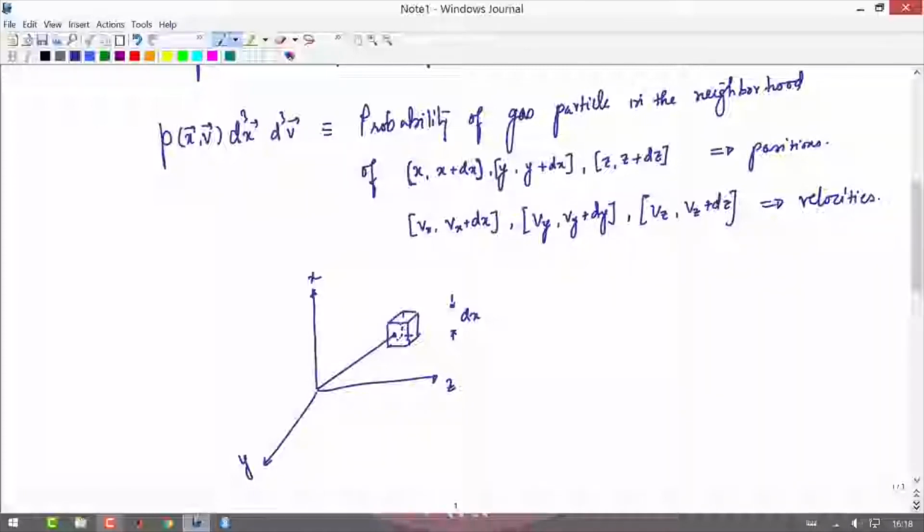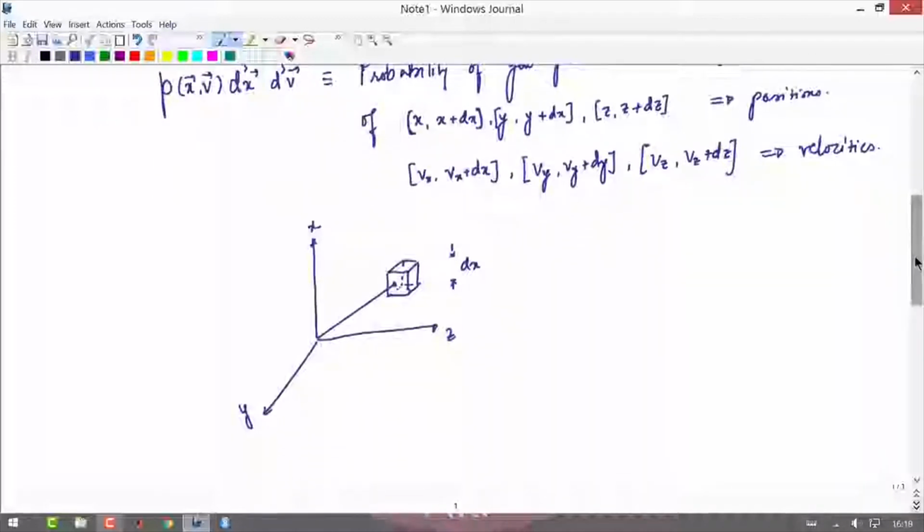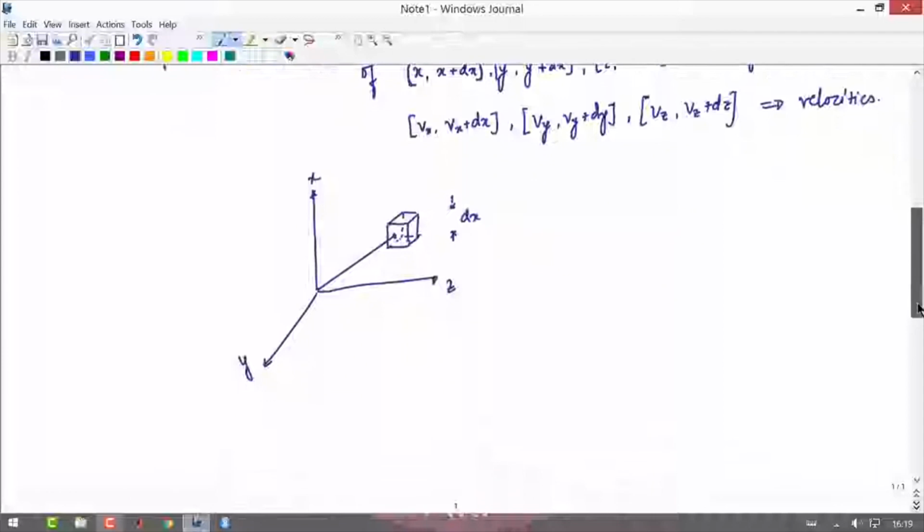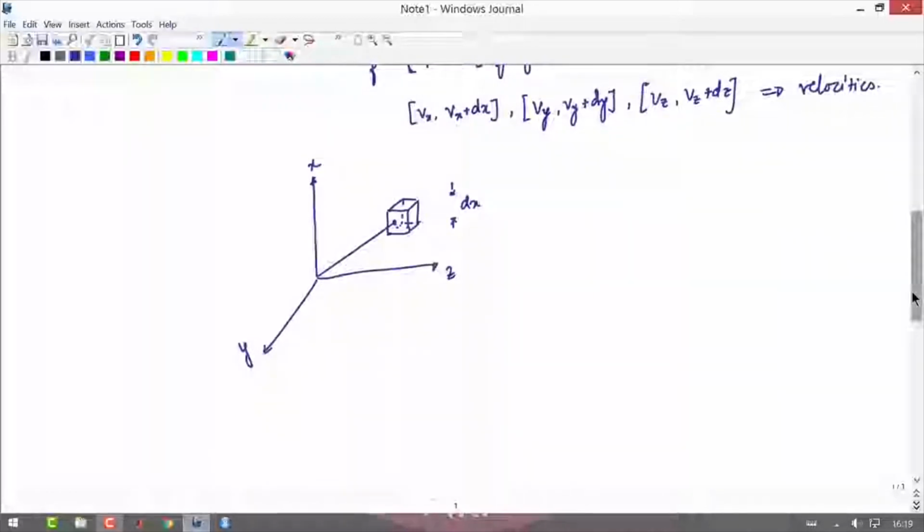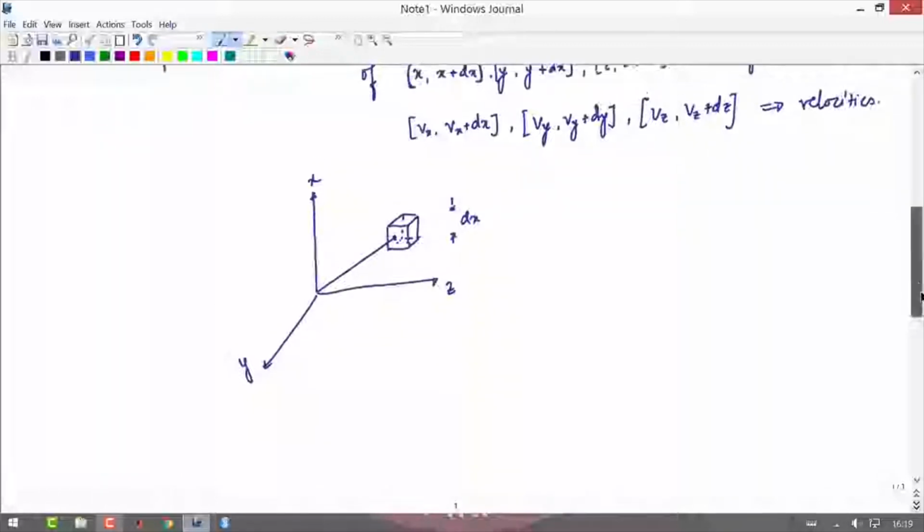Similarly, you have to take 3 axes for the momentum or velocity, and then take a volume in the velocity space, and in the 6-dimensional space of position and momentum, you will see a cube of dimension 6, which is centered at point x comma v. The probability of finding a particle in this hypercube is the probability that I have written here.